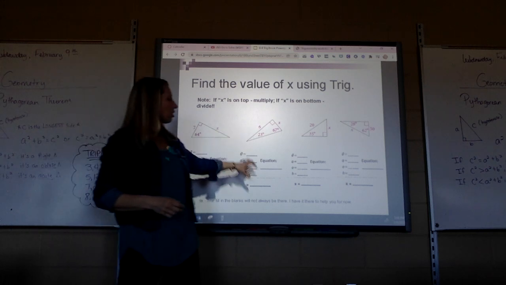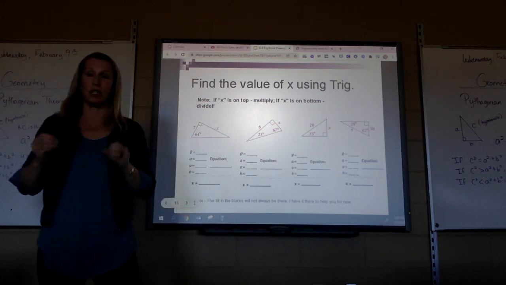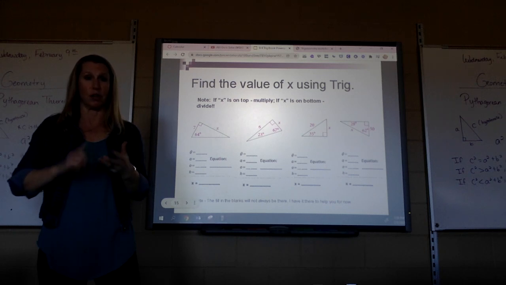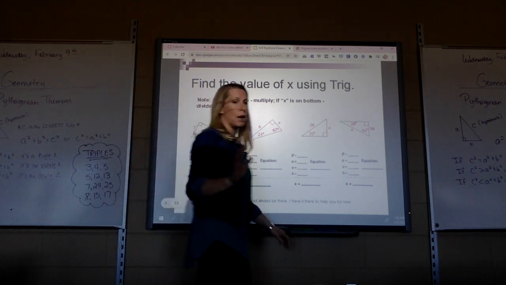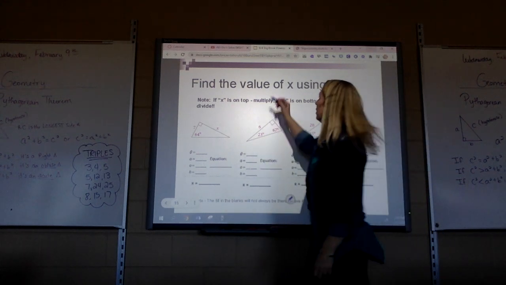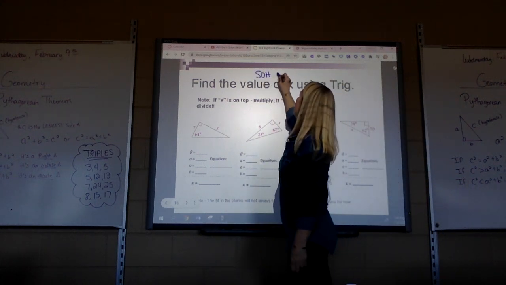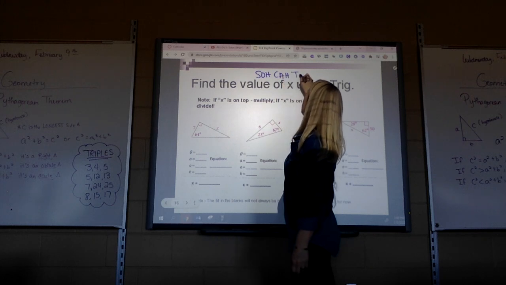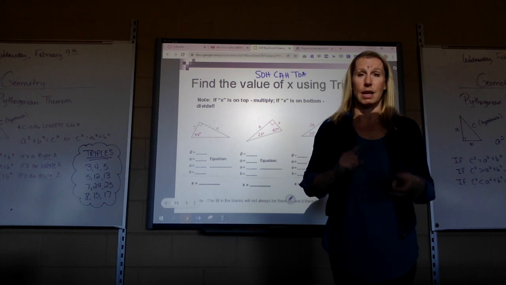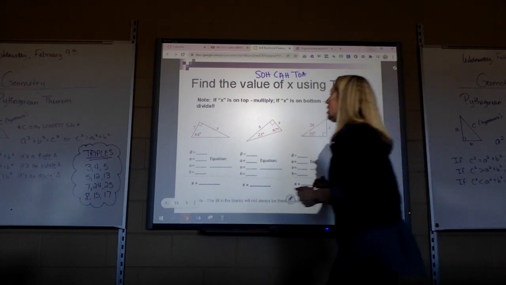But to start, we're going to start really slow, building up to where you can figure out whether it's sine, cosine, or tangent. So at the top of your paper every day, I'll want you to write out SOHCAHTOA. Some old hippie caught another hippie tripping on acid. So that's going to help us decide whether we're using sine, cosine, or tangent.